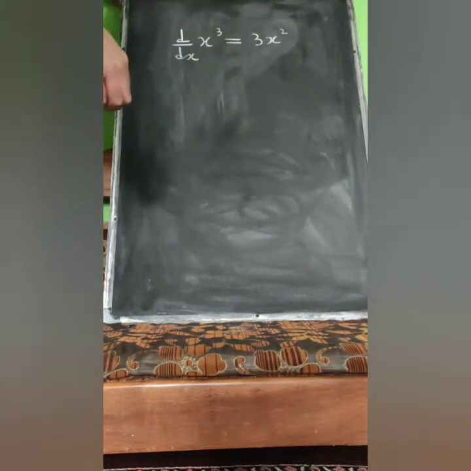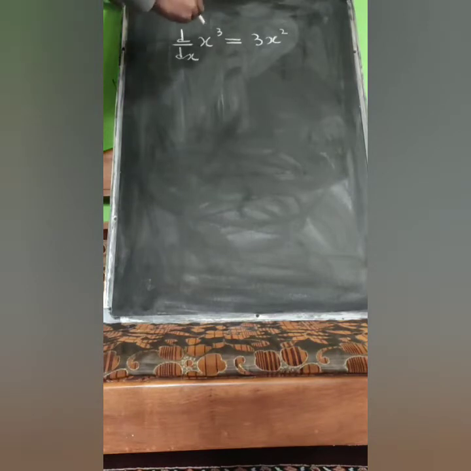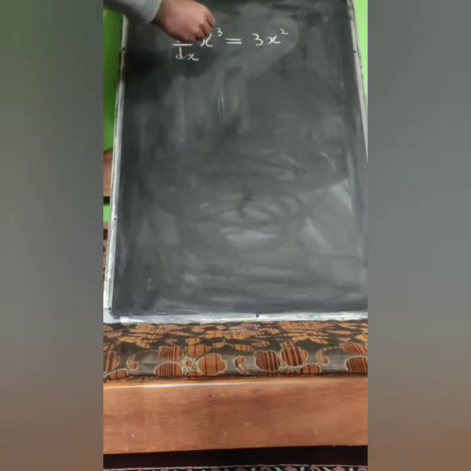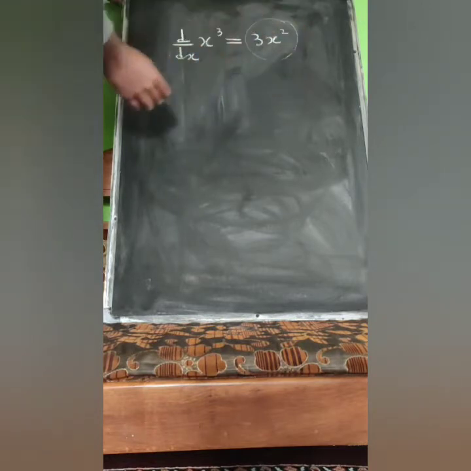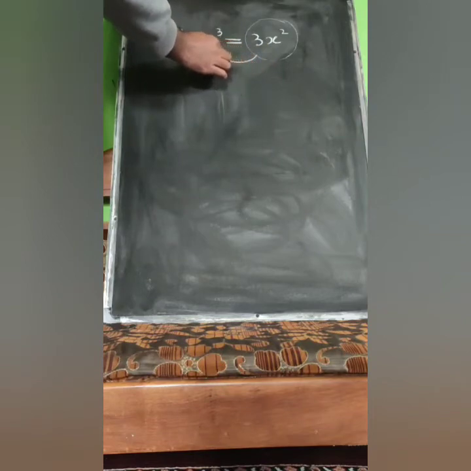Now what we did here, we have subtracted 1 from the exponent, so we get x square, and we have multiplied this with the exponent, that is 3, to get 3x square. Thus on differentiating x cube, we get 3x square. If we integrate this function 3x square, we must get x cube, as differentiation and integration are reverse of each other.